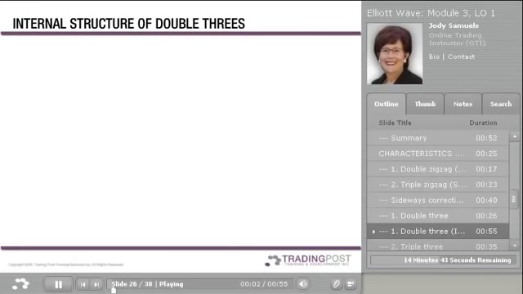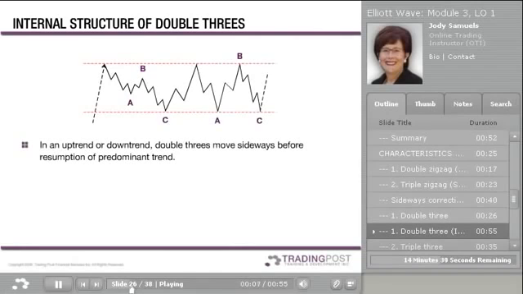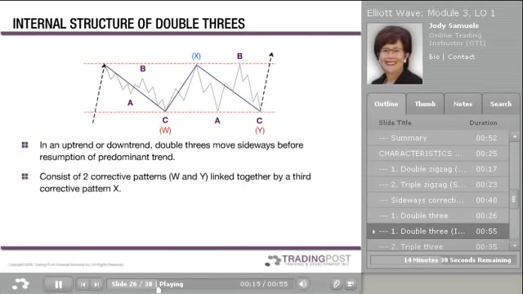The internal structure of double threes. In an uptrend or downtrend, double threes move sideways before resumption of the predominant trend. It consists of two corrective patterns, W and Y, linked together by a third corrective pattern, X. The WXY is corrective, corrective, corrective, where W unfolds in three waves, X unfolds in three waves, and Y unfolds in three waves.